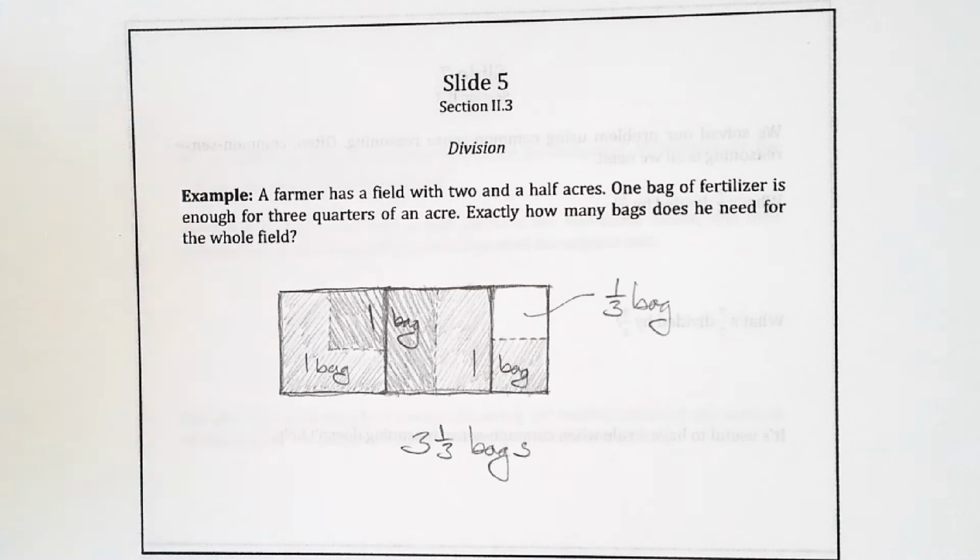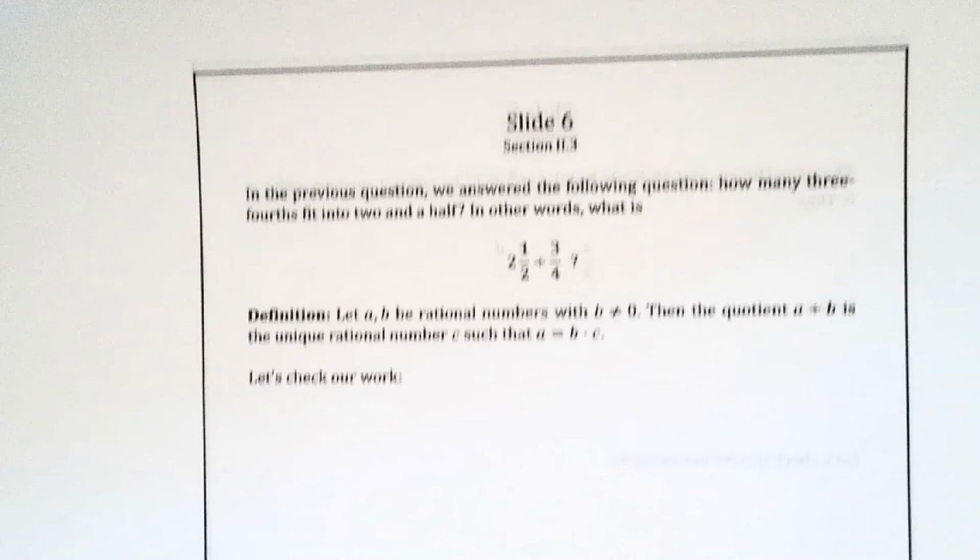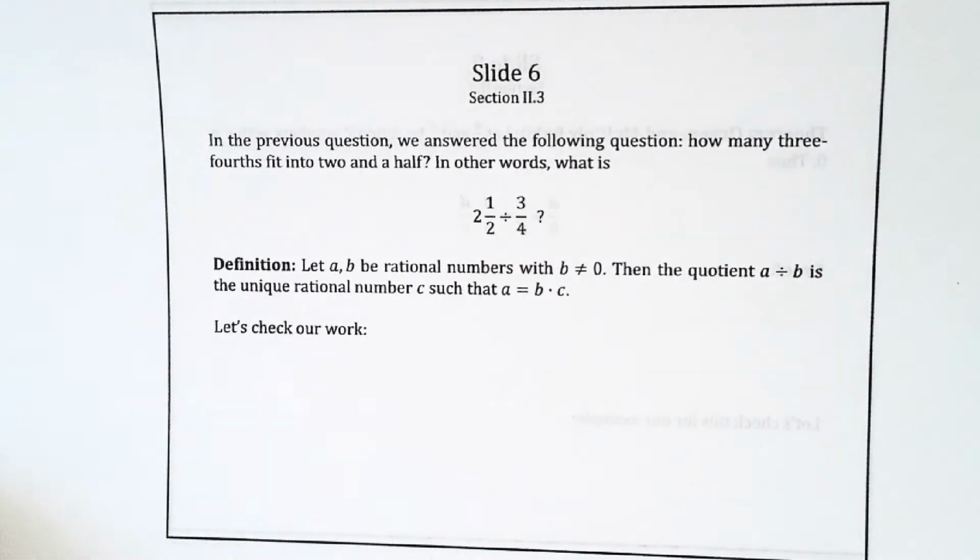But let's think about what we're doing. So in this question, we're answering the question, how many 3/4 fit into 2 1/2? So in other words, what is 2 1/2 divided by 3/4? And the answer we got was 3 1/3. 2 1/2 divided by 3/4 is 3 1/3.